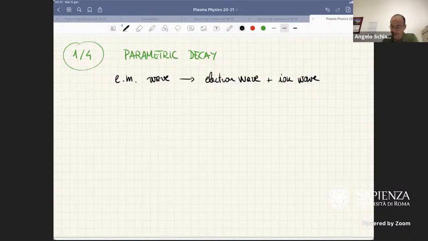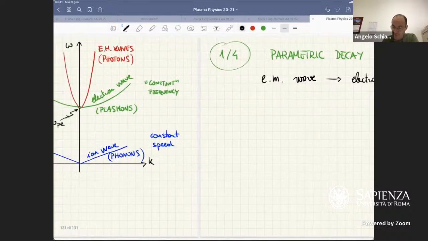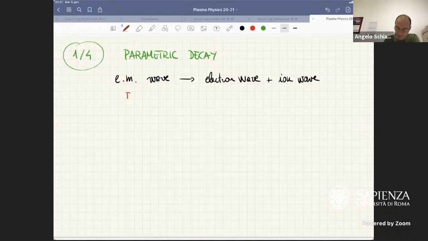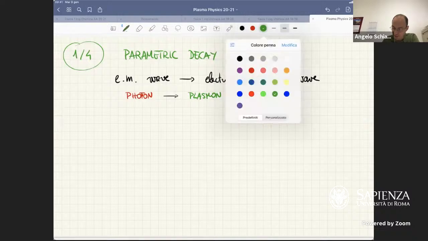Using our description in terms of particles, we have an incoming photon that decays into two particles, a plasmon plus another particle, which is the phonon.